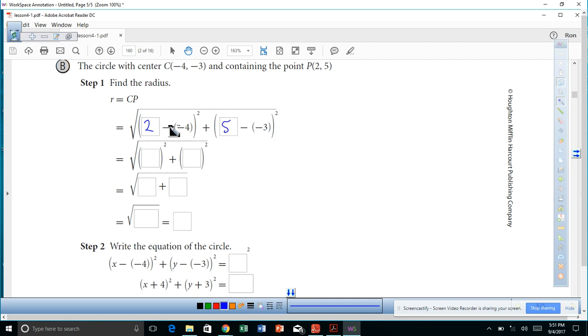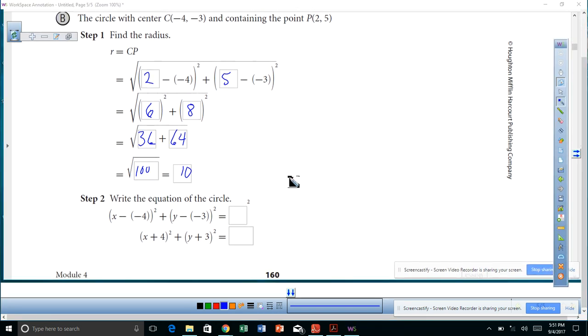Well, 2 plus 4 is 6, and 5 plus 3 is 8. 6 squared is 36, 8 squared is 64. Add those together and you get 100, and the square root of 100 is 10.